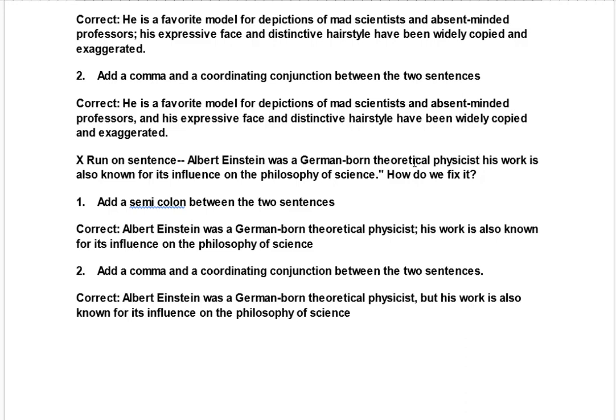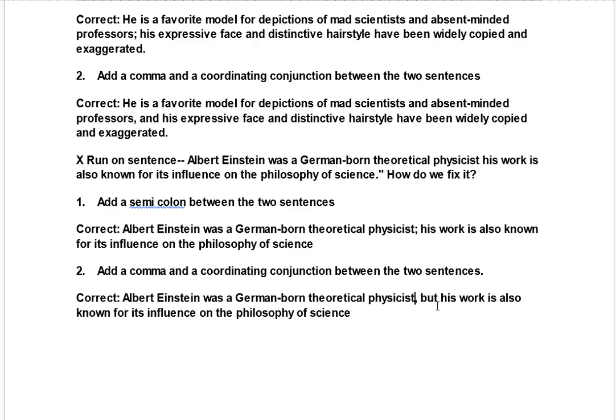So how do we fix this run-on sentence? Add a semicolon. So after physicist, Albert Einstein was a German-born theoretical physicist, semicolon. His work is also known for its influence on the philosophy of science. Or after physicist, you have a comma, and then you have a coordinating conjunction.